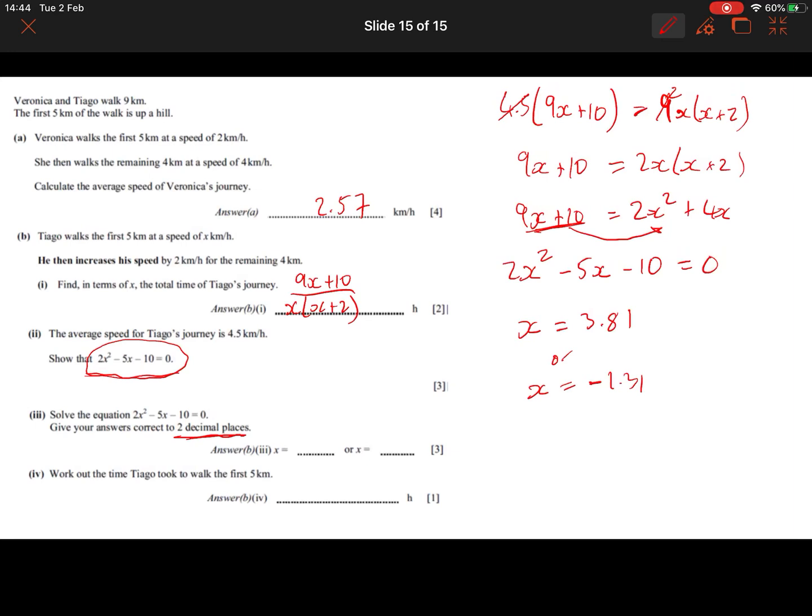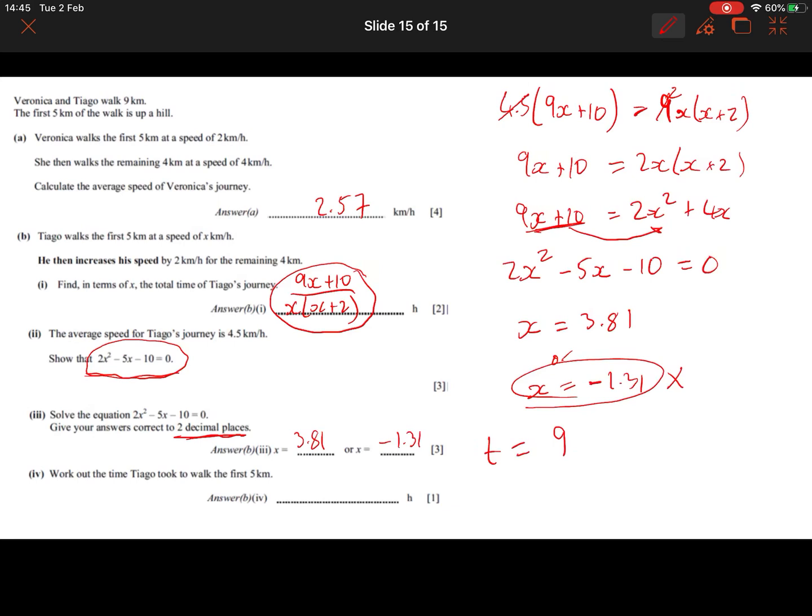But only one of these answers is actually reasonable, because x represents a speed. Well, if x represents a speed, we can't have a negative speed. So this is an invalid answer. So the answer is that x equals 3.81. Still need to put that in because that is a solution, but it's not a relevant solution for this question.